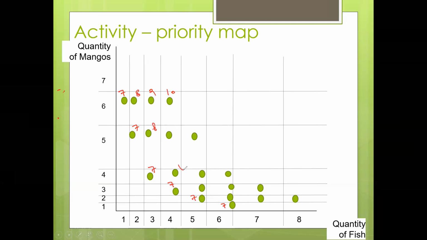Similarly, this is 8, 8, 8, 8, 8, 8. This is not 8, this is 9. Let me rub it. Similarly, this is 9, 9, 9, 9, and 7 plus 2 is 9. And these are 10, 10, 10, 10, 10, and this is 10.